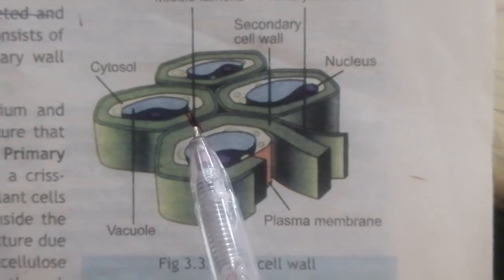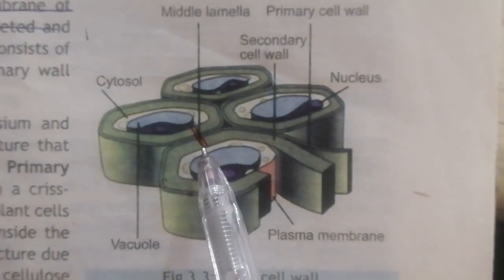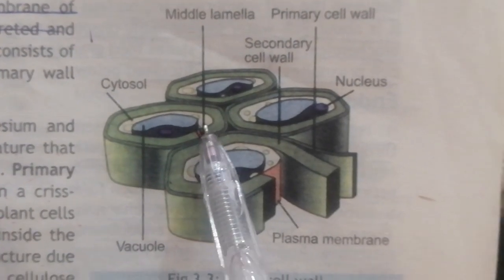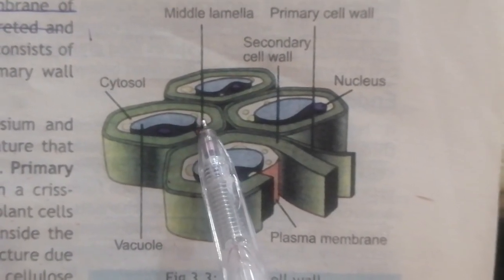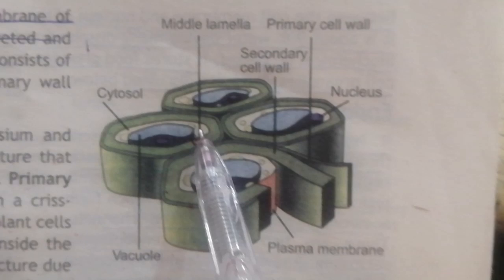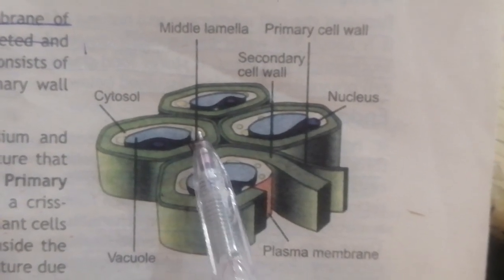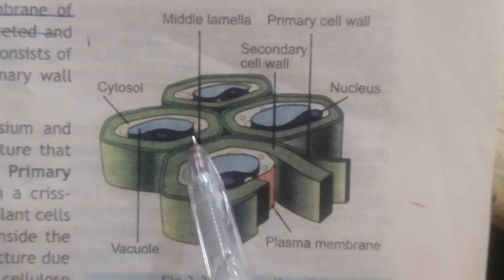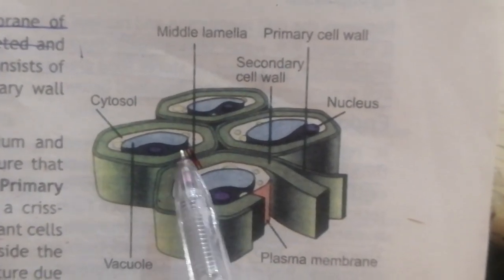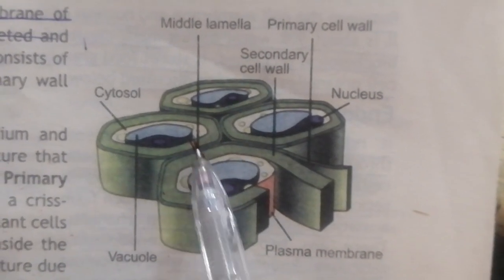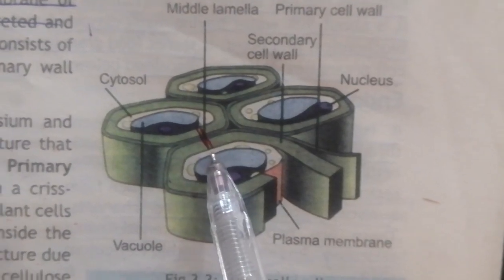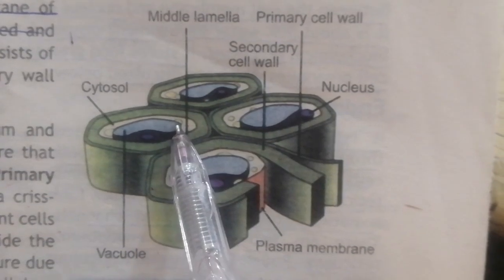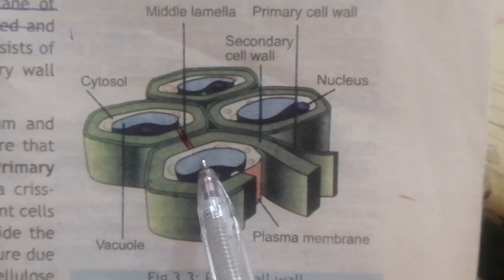These connections are actually joining the two plant cells together, and these pores are connecting this white region, as you can see here, the cytoplasm. The cytoplasm is connected to another plant cell's cytoplasm by means of these pores, and these pores are present in the adjacent cell walls of the two plant cells. Through this connection, materials can easily be transported from one cell to another.